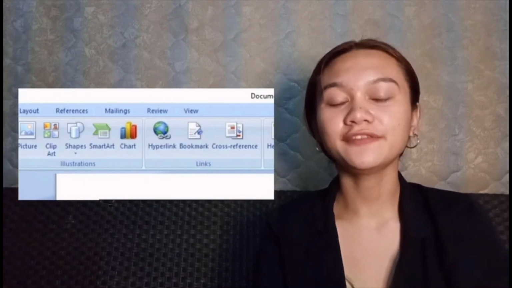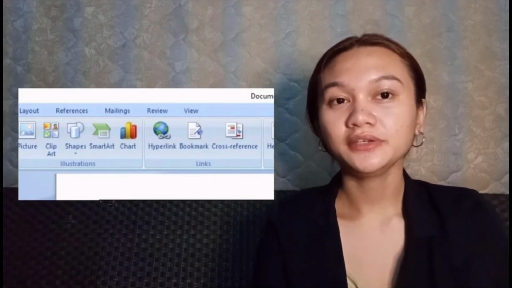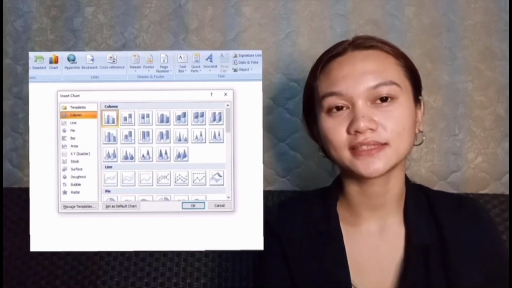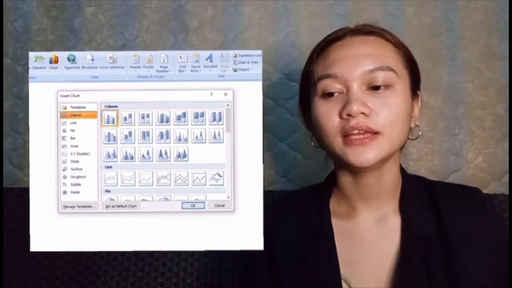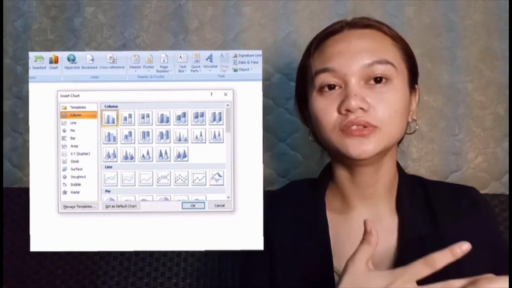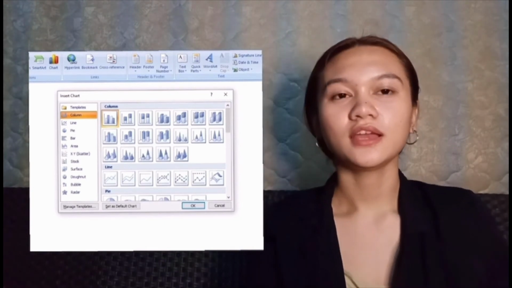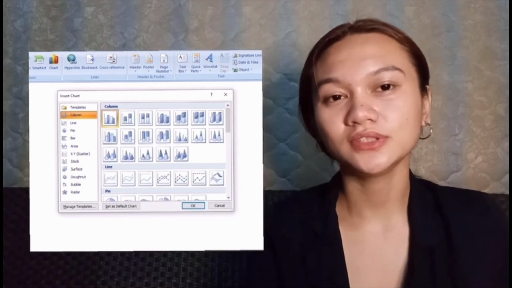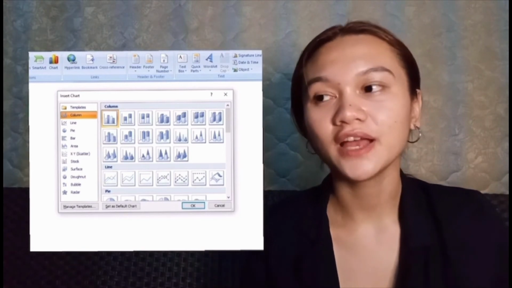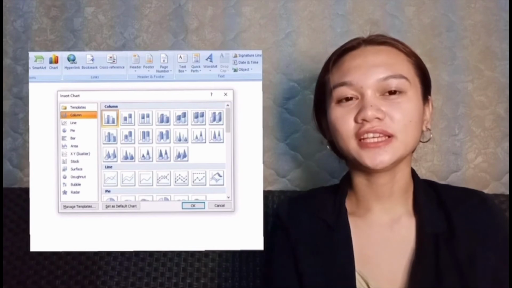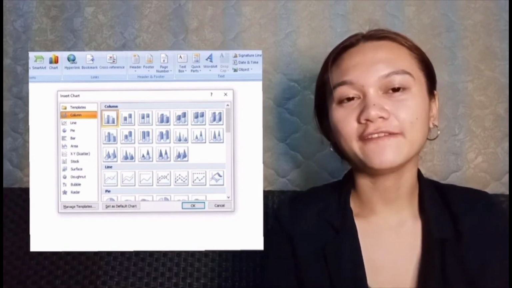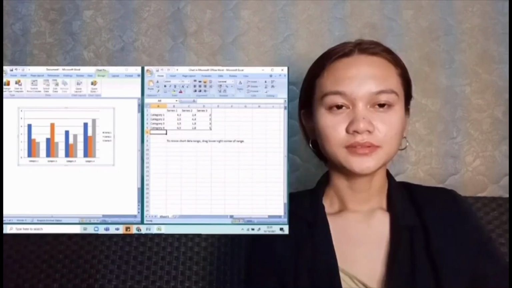Once you have found the chart icon, you can see so many choices, and it's all up to you what you want to choose. Right now I'm going to choose the column that will serve as the bar graph. Once you click your chosen graph, you will see this one.